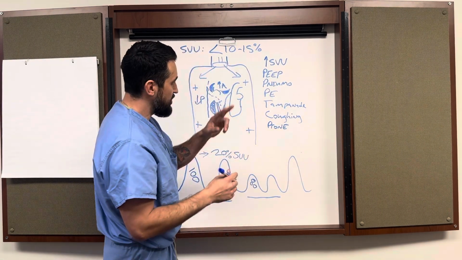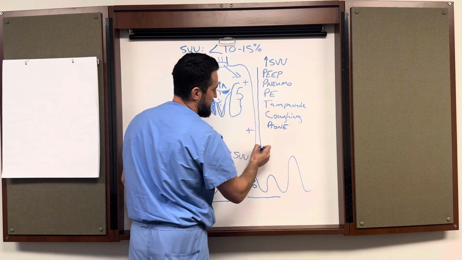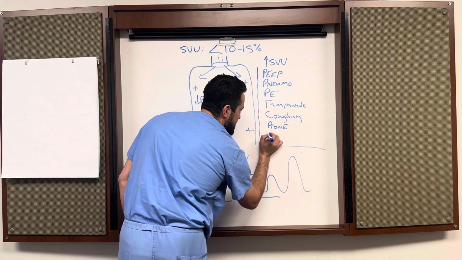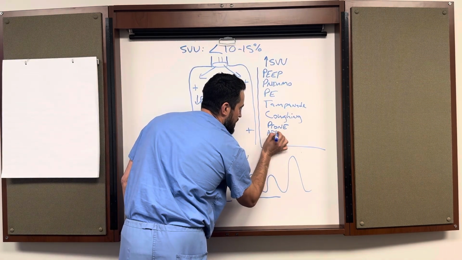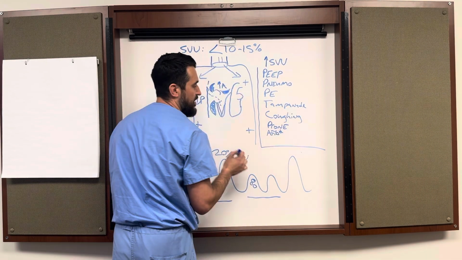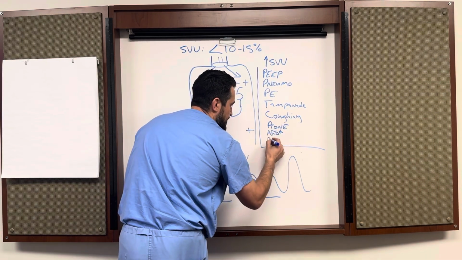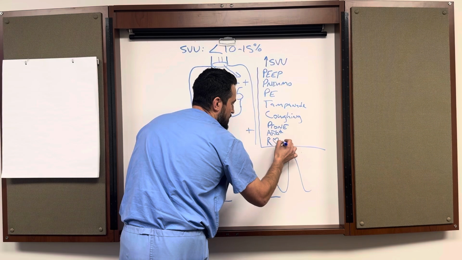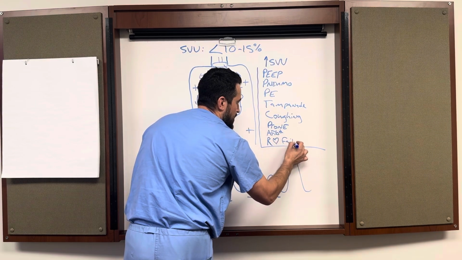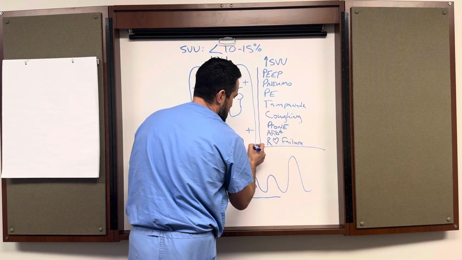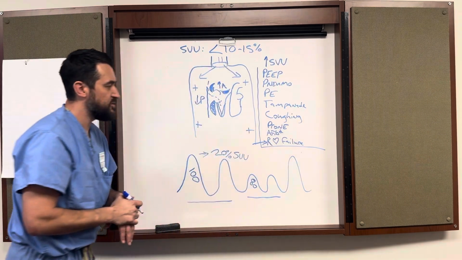And then there are two other ones that don't have to do with thoracic pressure. One is AFib, right? And I'll talk a little bit more about that one. And the other one is right heart failure, right? And it has to be pretty substantial right heart failure.